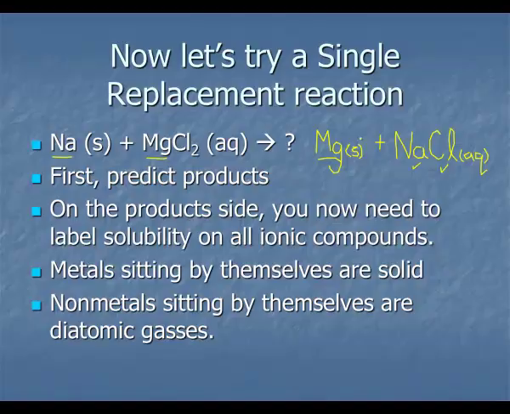So if the lone metal is all by himself, like magnesium in the product, a single magnesium sitting all by himself, I labeled him as solid, and that's true. If you have just a solid sitting by himself, he's going to be in the solid state of matter.